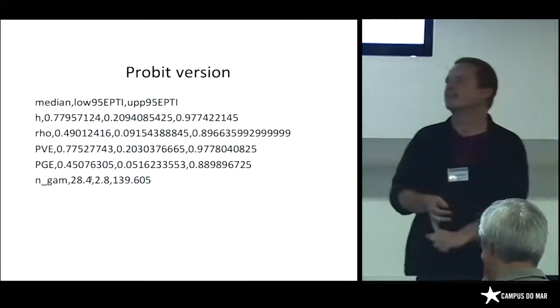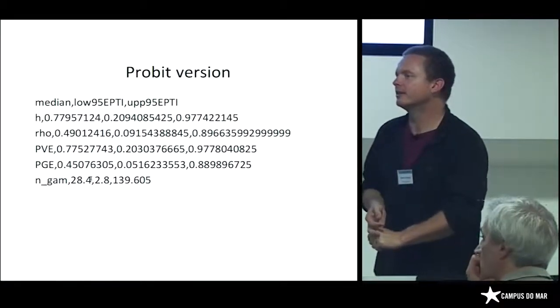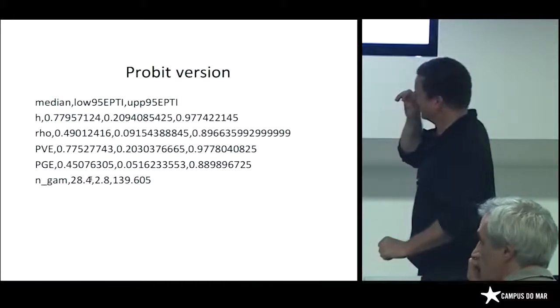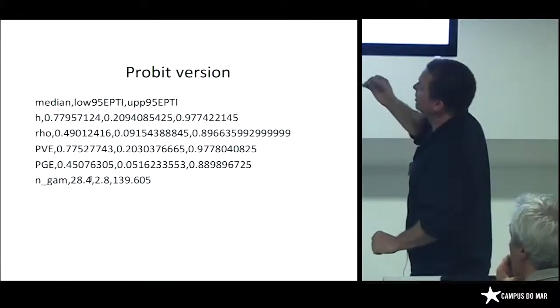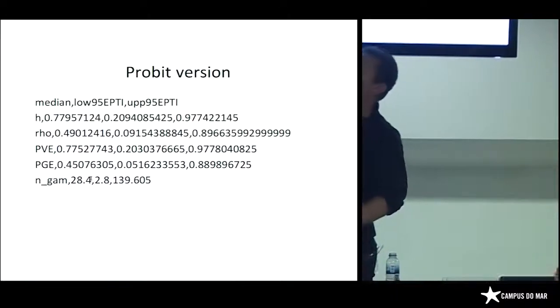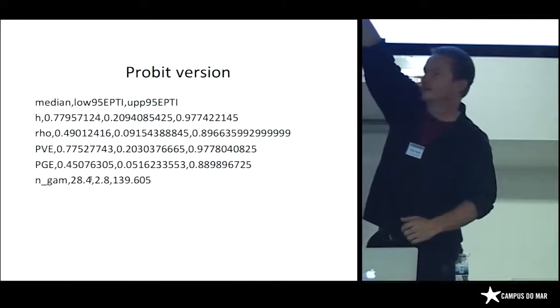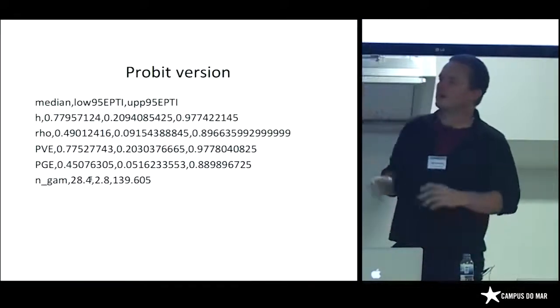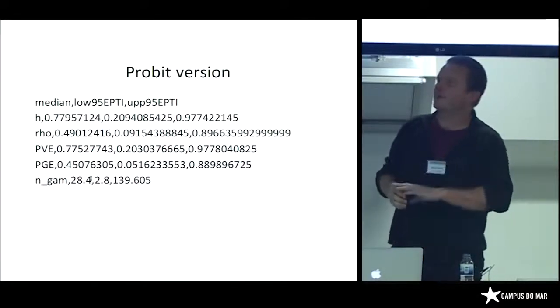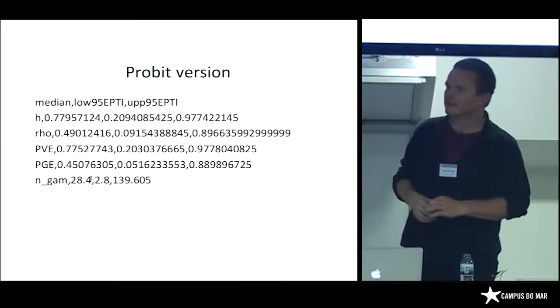Can you just remind quickly which are the lines here? H, rho, PVE, PGE. So H is the proportion of SNPs that belong to the population with no effect or with very small effect. Okay.